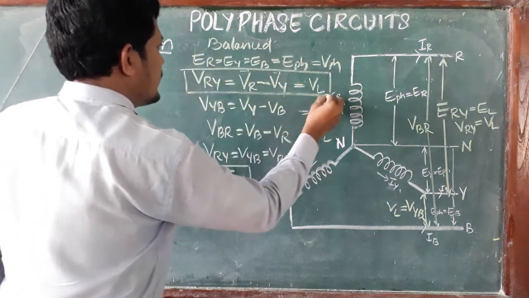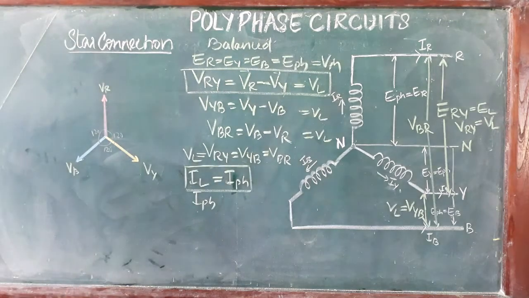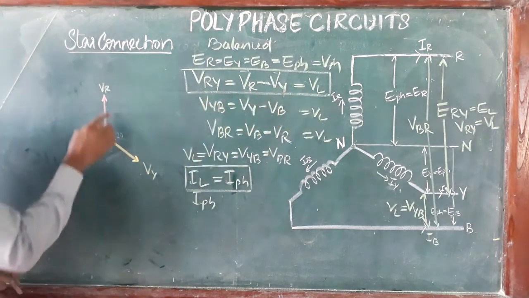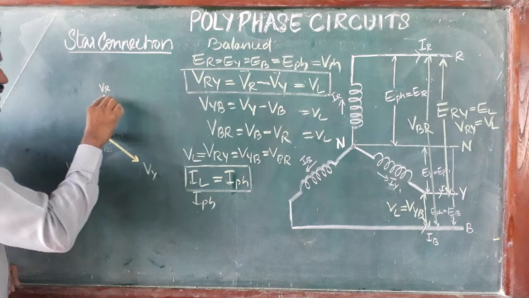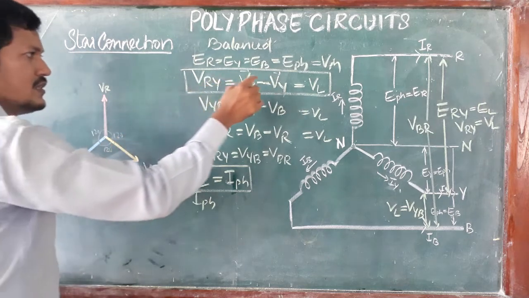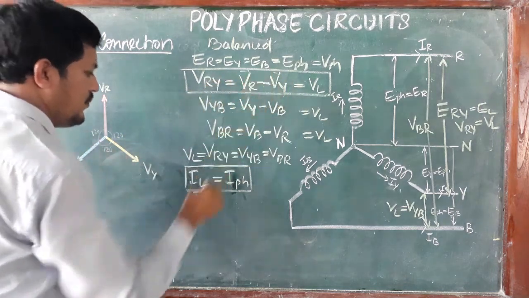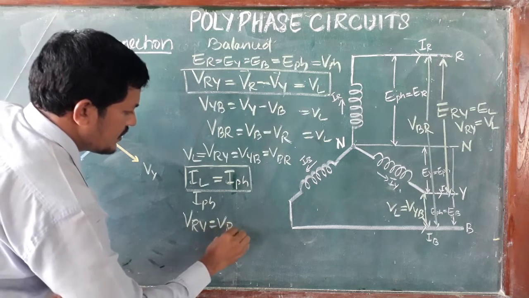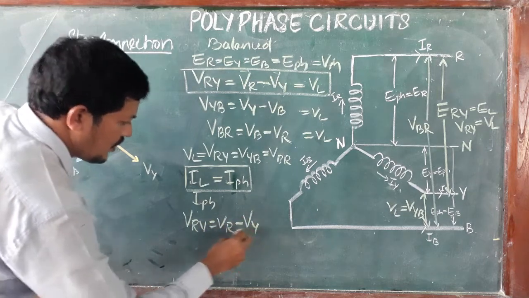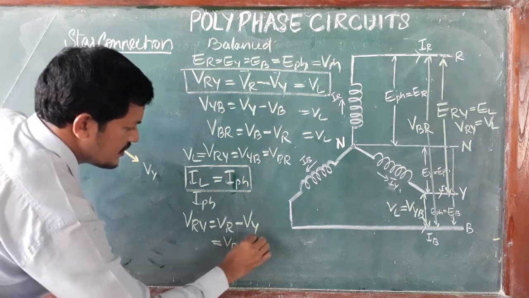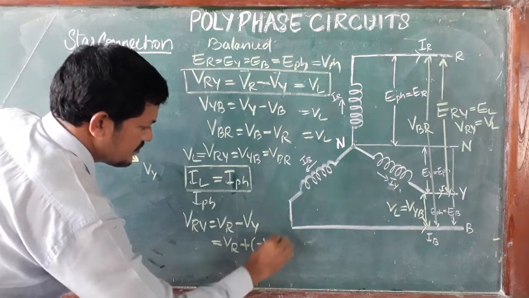VRY means VR minus VY. VR is available here, but this one is VY. So VRY equals VR minus VY, or the same line we can write as VR plus minus VY.